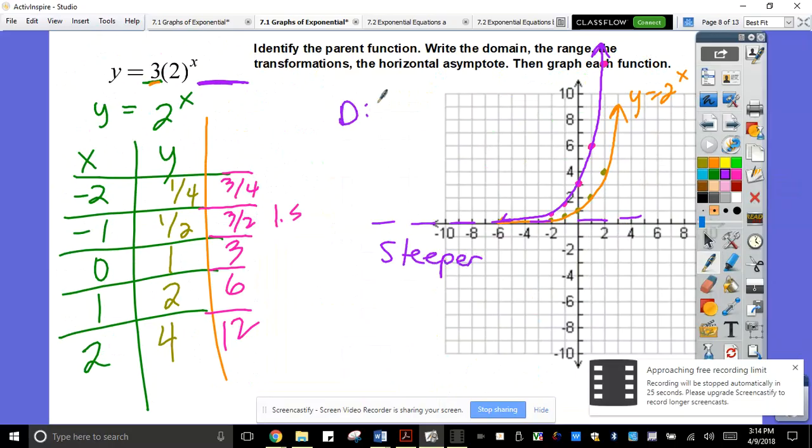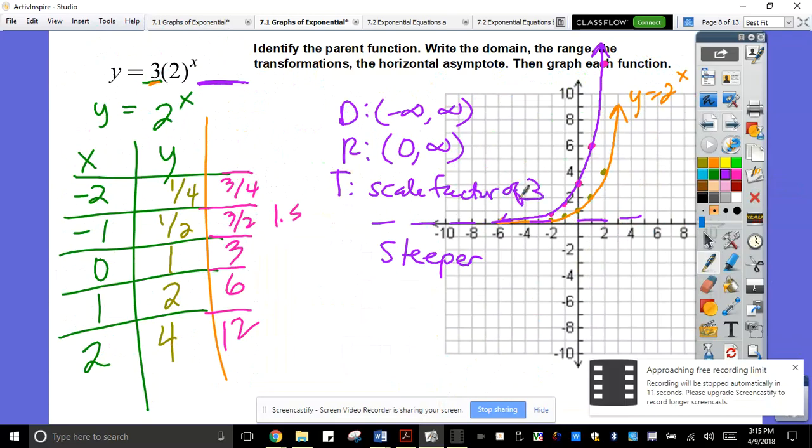So the domain here will be the same, -infinity to +infinity. The range here will be from 0 to +infinity. The transformation is a scale factor of 3. And what else? The horizontal asymptote will be the same, y equals 0. All right? Hope you learned. Boom.